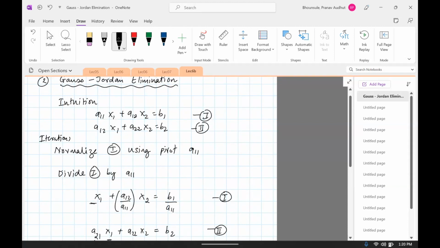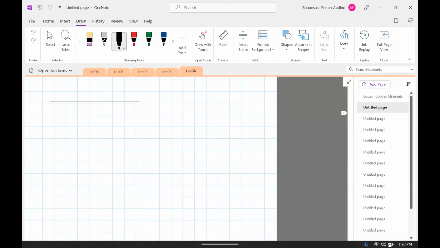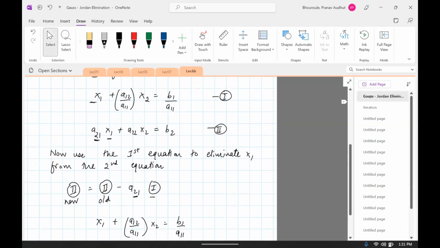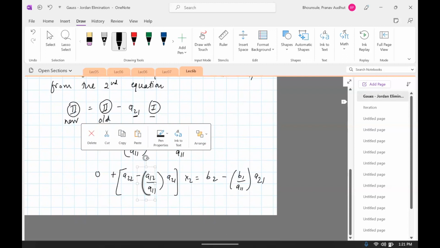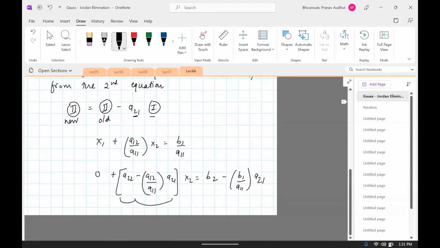So for the next iteration, normalize the second equation using its pivot. So its pivot is what? It's this whole complicated thing that sits in front of x2, second row, second column. Now that looks a bit complicated, but when you do it numerically, it's going to be just a number. So divide by that.